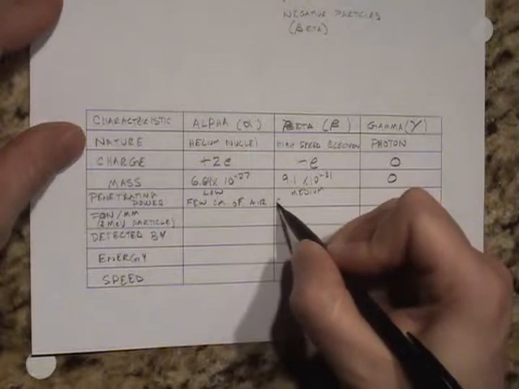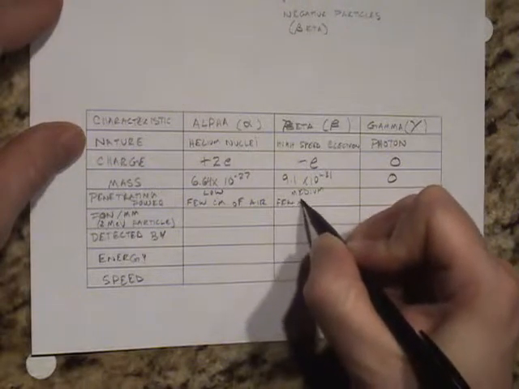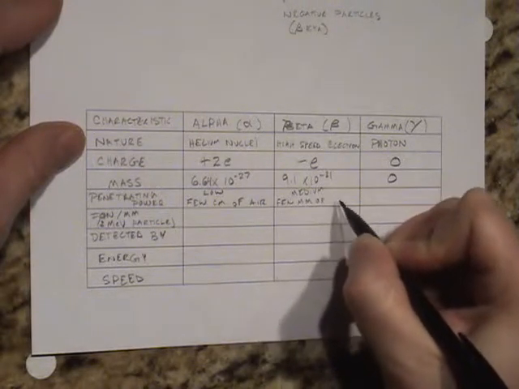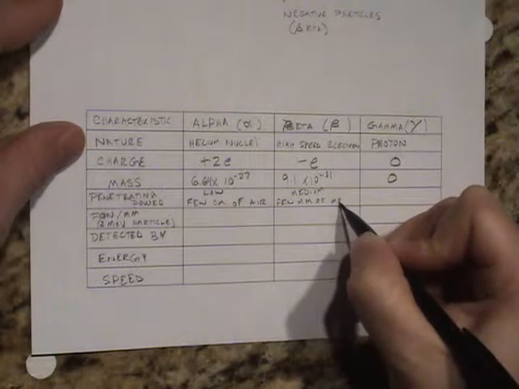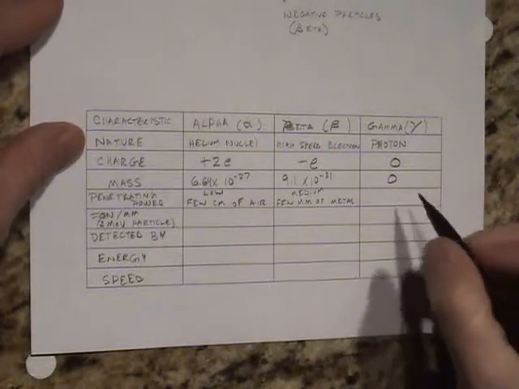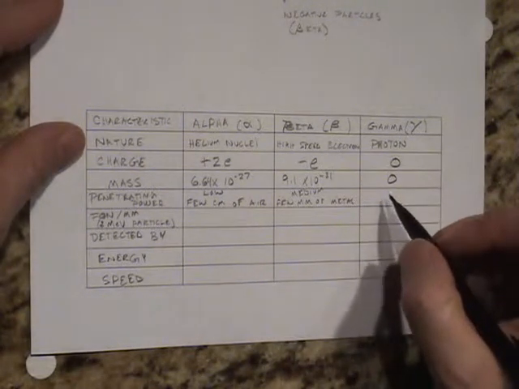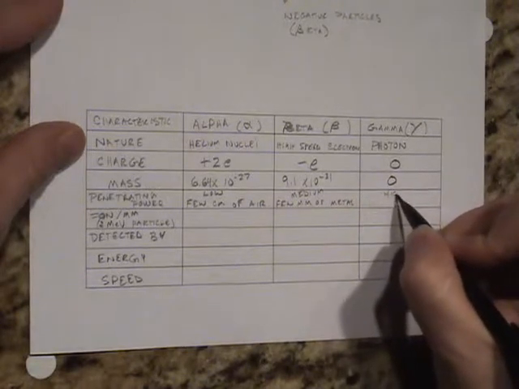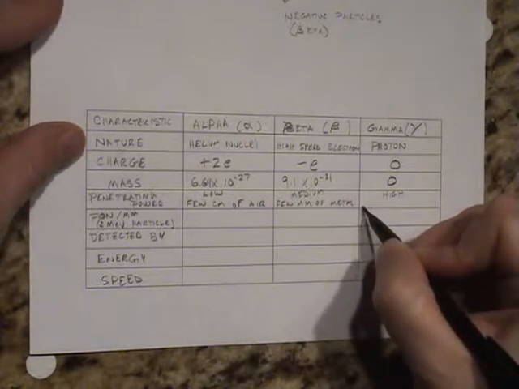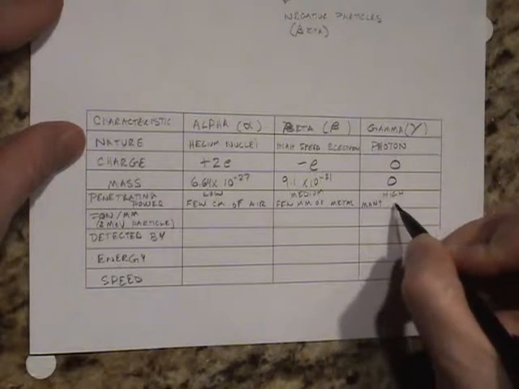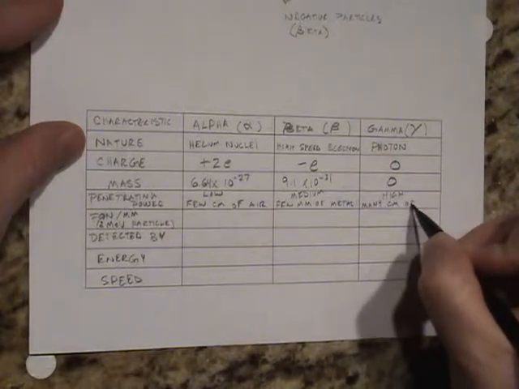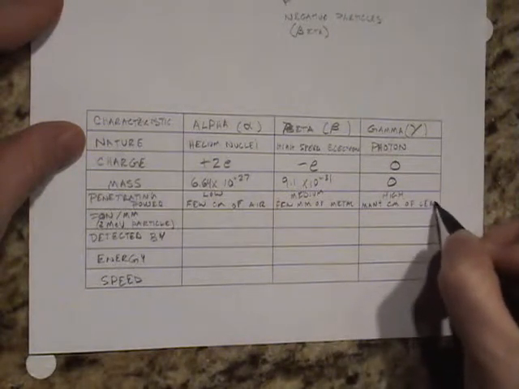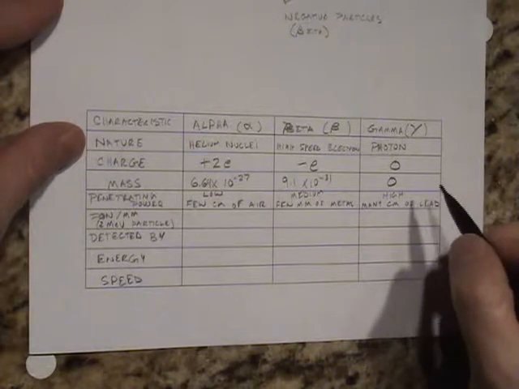It would require a few millimeters of metal to stop the particles completely. And finally, for the gamma ray, these have very high ability to penetrate materials, and it requires many centimeters of lead, not just any metal, but a very dense metal.